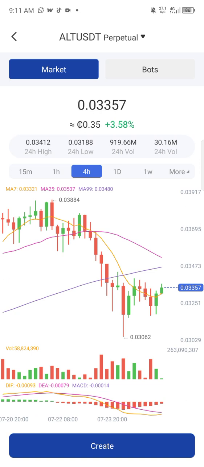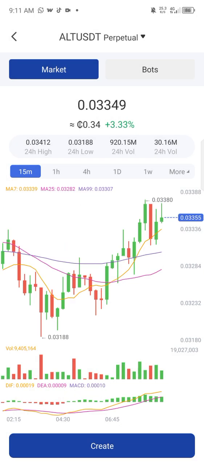The 4 hour time frame shows that this market has been on a downtrend right from the top. So there has been a death cross at the top. So it's on a downtrend. The 15 minutes was telling us that this is on an uptrend.